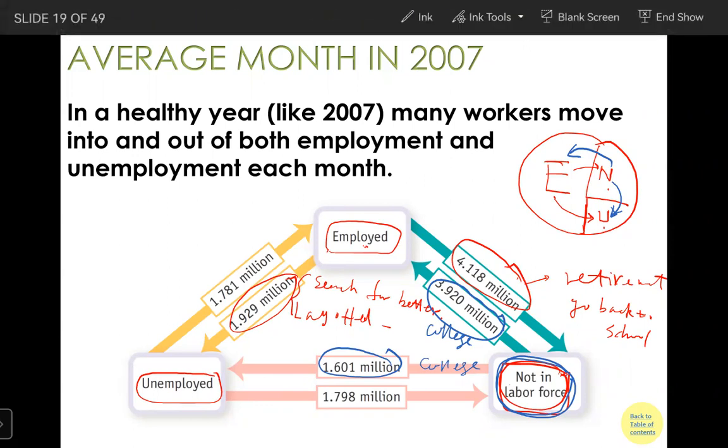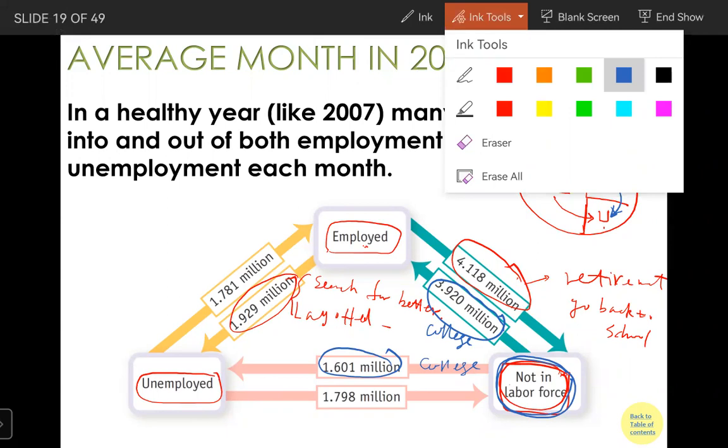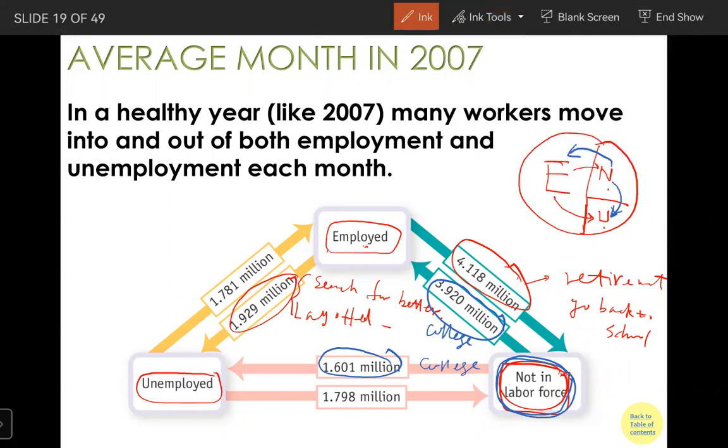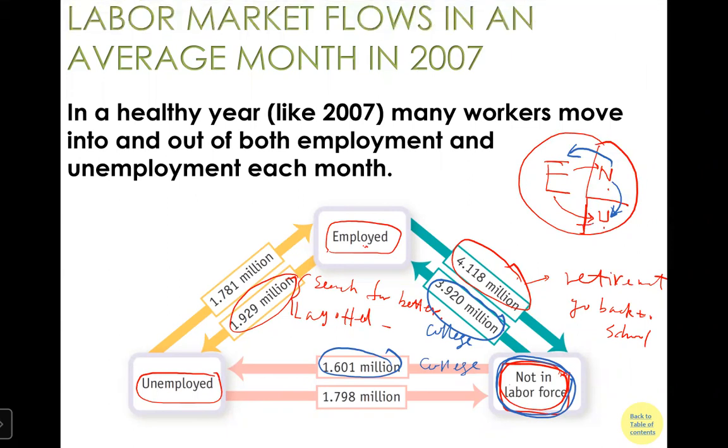So finally, we look at the last part. Let's use another color. You are in unemployed, but you could move to here, or you can move to here, right? That refers to this number or this number. Unemployed to employed, essentially you either are recalled, because earlier you were furloughed or laid off, or you just found a job.